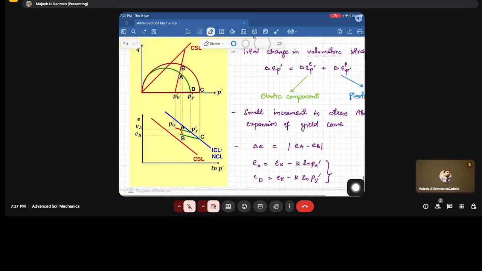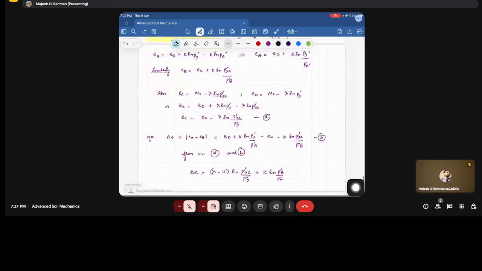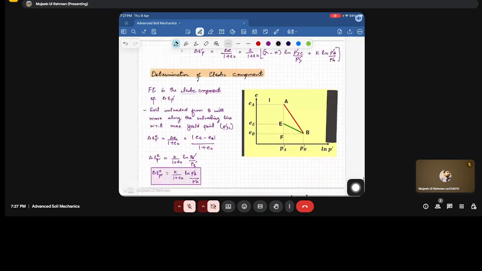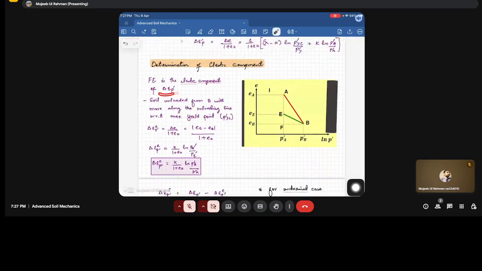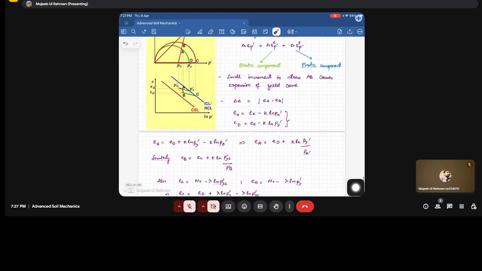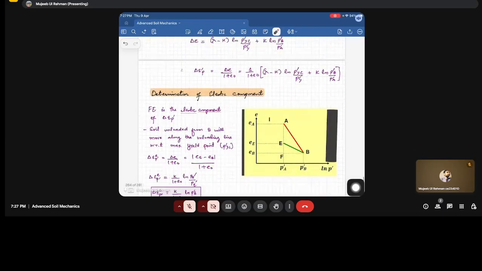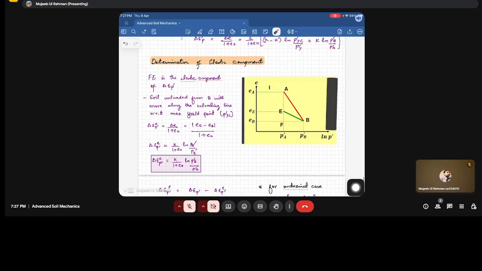So how to determine that? EF is the elastic component of the volumetric strain. The soil unloaded from B will move along the unloading line with respect to the maximum yield stress P'_yC. So again, if we are unloading the soil, it will follow the same line because it is in the stiff state, stiff response. Stiff response is always elastic.